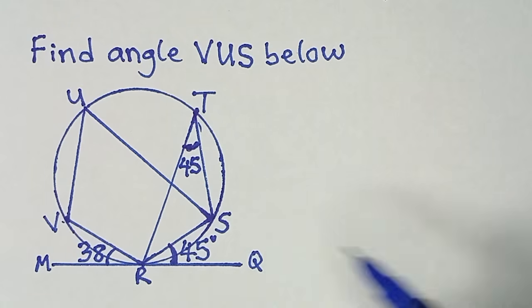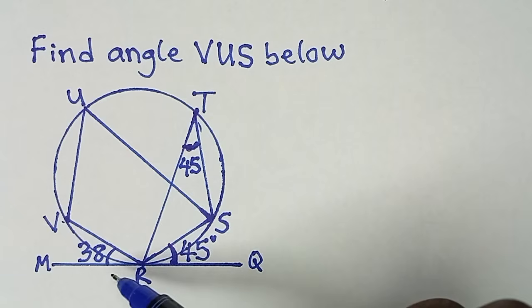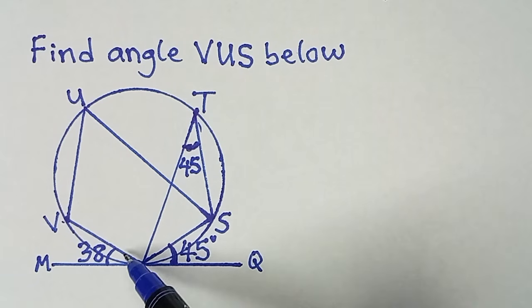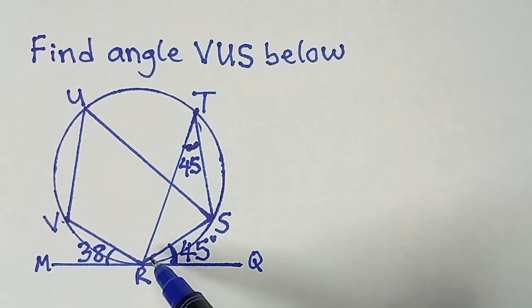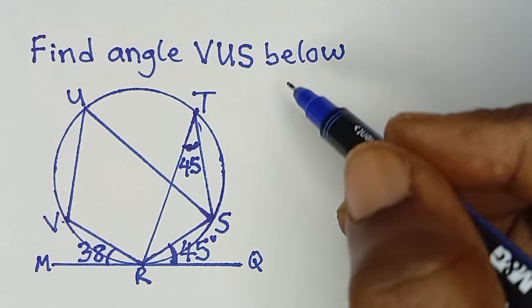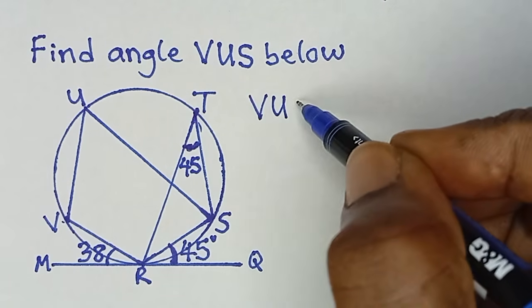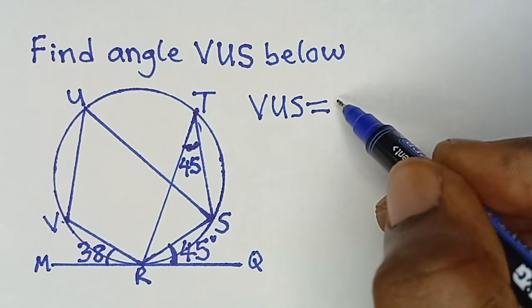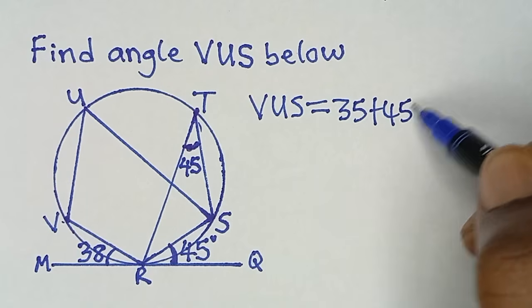Now, the trick to get this VUS, I'm just going to give you the direct method. I don't want to waste your time looking for this angle and then saying opposite angles of a cyclic quadrilateral are supplementary. But the short method of doing this is just to say that angle VUS is simply equal to 38 plus 45 degree.